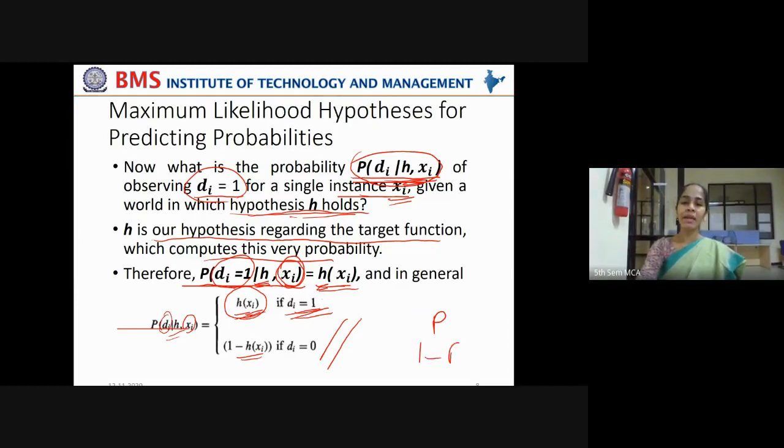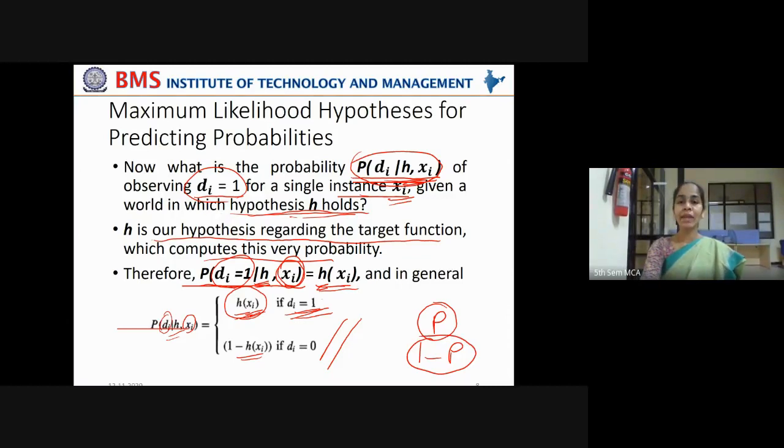It is 1 minus P. Basic probability explanation, this one, right? The probability of occurrence of an event, if it is represented by P, the probability of that event not occurring is 1 minus P.